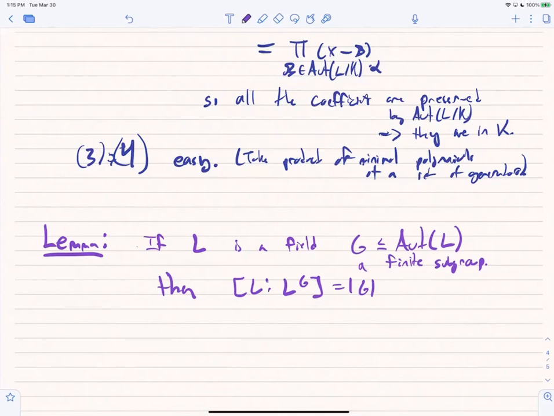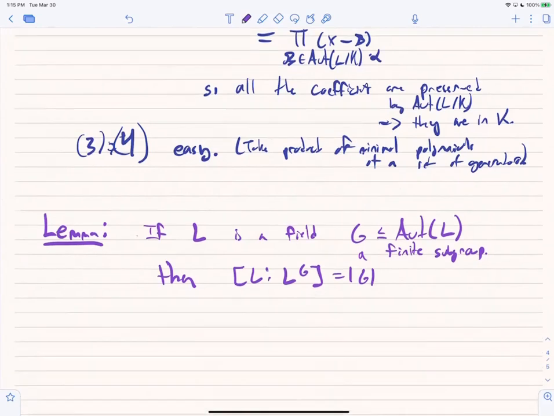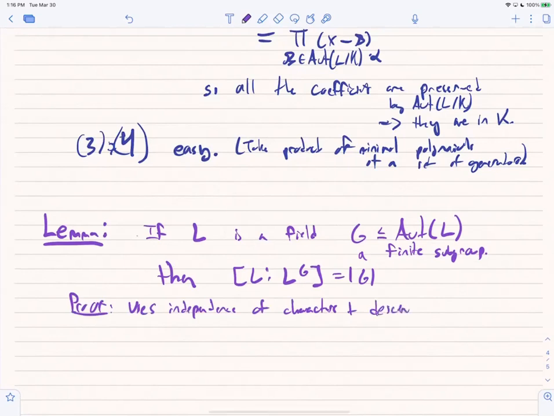Okay, so this is what's listed as lemma 1 on the handout, and the proof uses independence of characters plus a version of something called descent.